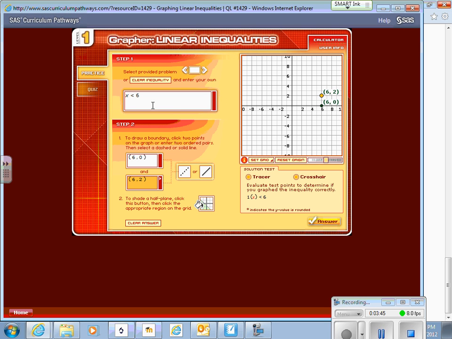It says less than, and it does not have the equal, so I will choose a dotted line. I'm going to fill up my paint bucket. Less than, well, 0 is less than 6, for example, so if I clicked on 0, it would shade everything to the left of that line.